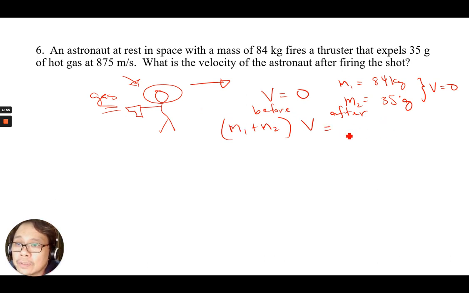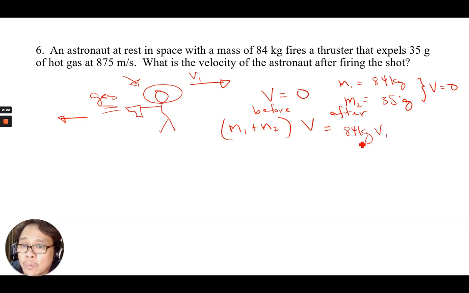After the explosion, the gas is directed to the left, right? So in this direction, the gas, and that's going to be our M2. M1 is 84 kilograms. We expect V1 to be positive because we assume that it's heading to the right, so they should be in the opposite direction.